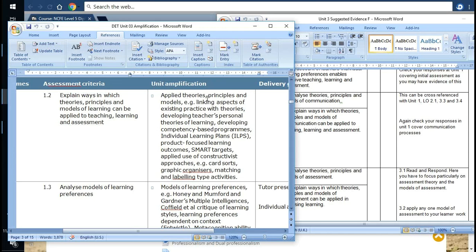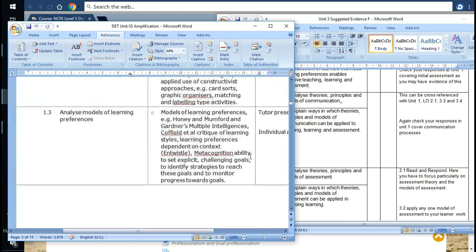So you can pick a theory that you actually work towards, or is more in keeping with how you develop your programs. So applied theories of principles, how they actually fit in, product focused, outcomes, targets, applied use of constructivist approaches, and again, graphic organizers, matching and labeling types of activities.